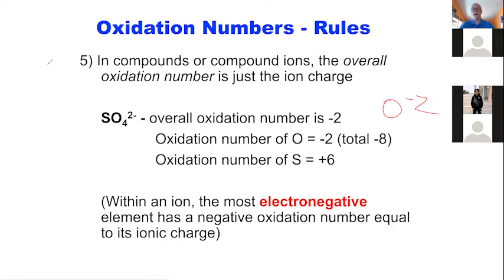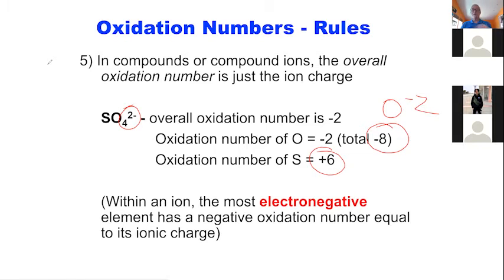So if oxygen's -2, and there's 4 of them, that's -8 so far. But sulfate has a charge of -2, so all of the oxidation numbers have to add up to -2. So automatically we know that sulfur must be +6 then, because when we add up +6 and -8, we come out to -2.